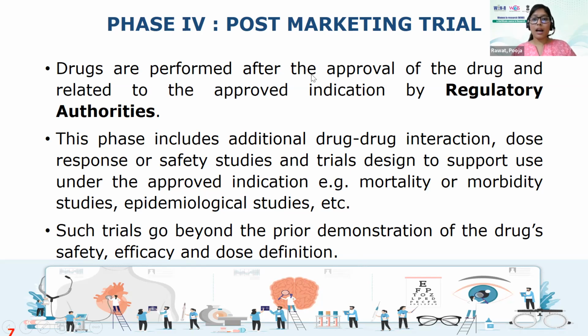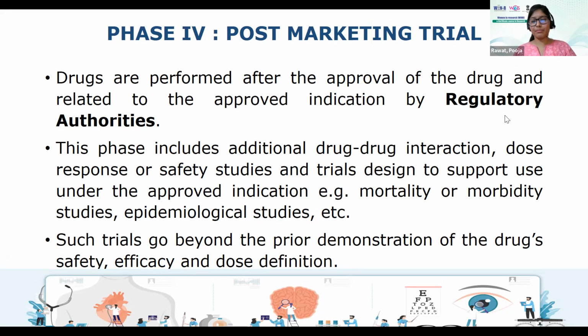Such trials are performed after the approval of the drug and relate to the approved indication by the regulatory authorities. So let me tell you the famous regulatory authorities' names. In the US, you know that the Food and Drug Administration works to give approval for drugs, foods, and any other kinds of things.